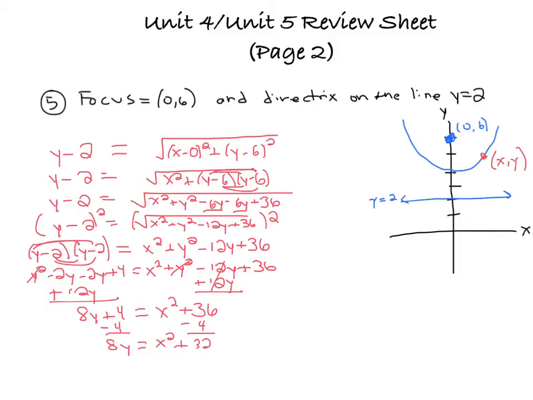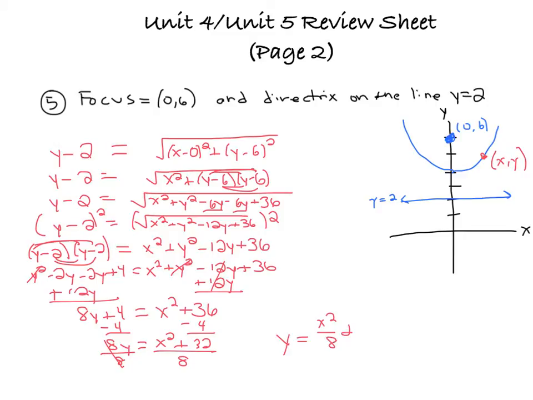To get rid of the 8 in front of the y, just divide both sides by 8. Those 8's cross off, so I'm left with y equals x squared over 8. I can either write this as x squared over 8, or you could write it as 1/8 x squared. I'm going to leave it as x squared over 8.